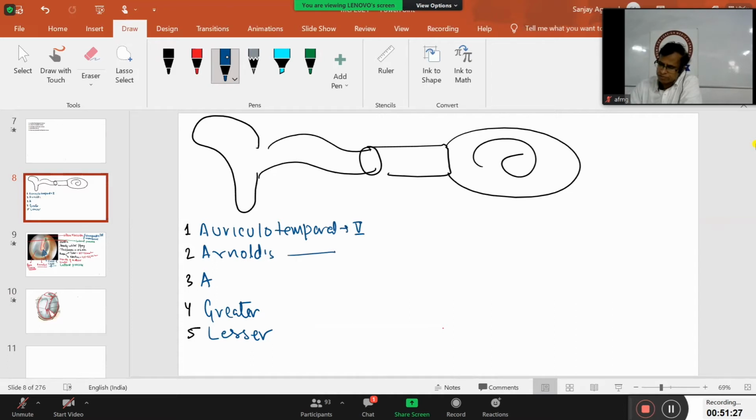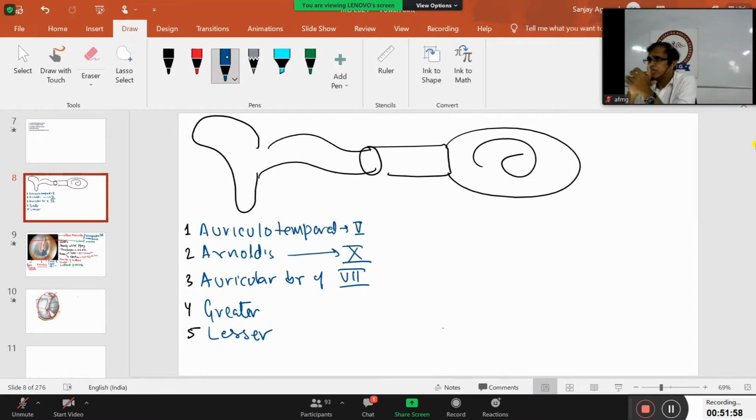It's a branch of vagus, 10th nerve. And the third is the auricular branch of the 7th nerve. So these are the 3 nerves starting with the letter A. So easy to remember. And they come from the cranial nerves 5th, 10th, and 7th.